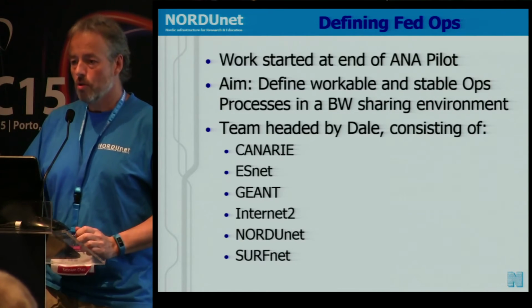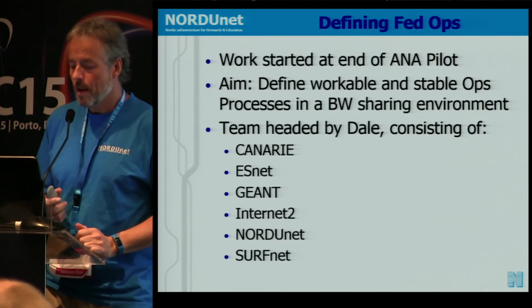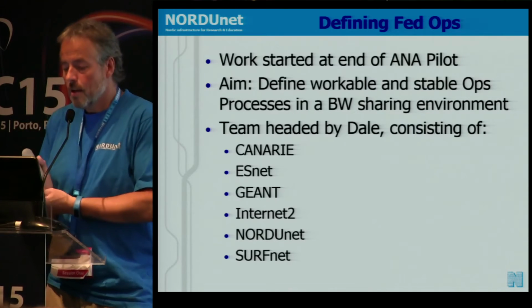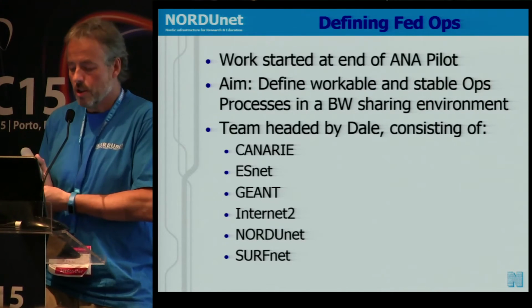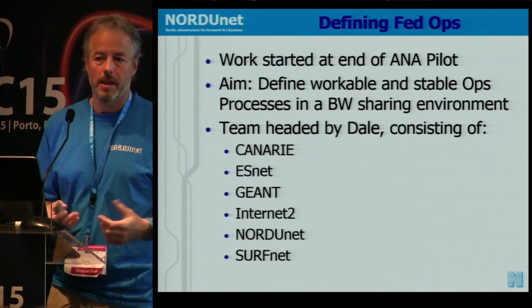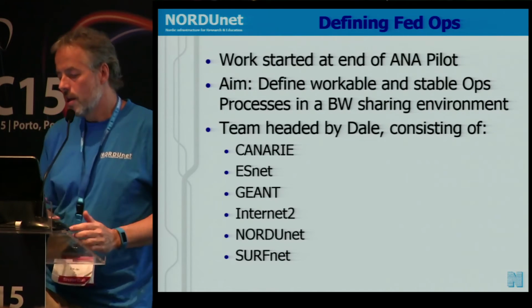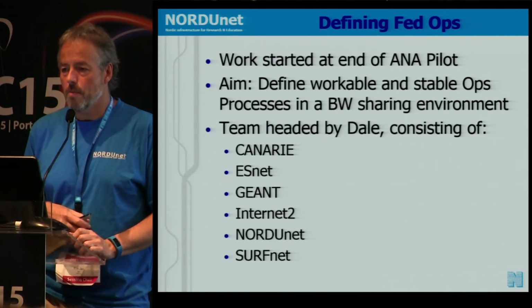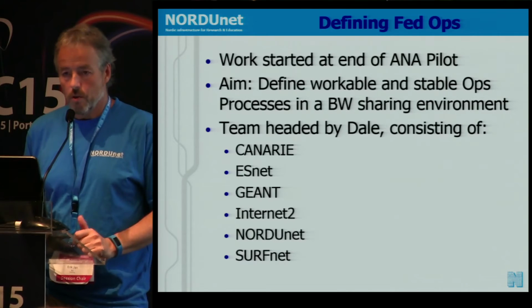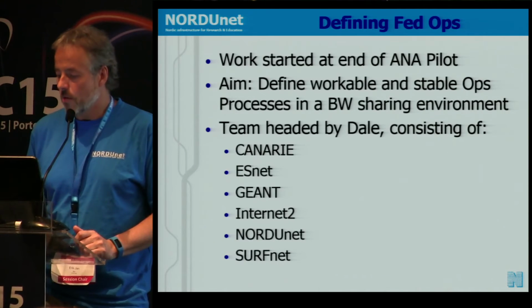We were pointed to the weak spots in the ANA system, and we started the aim after the pilot ended, to define workable and stable operations processes in an environment where the participating NRENs share the bandwidth. So there's a team headed by Dale. It's the operations group of ANA, and the 6 partners, the original 6 partners of the pilot, are collaborating in that.